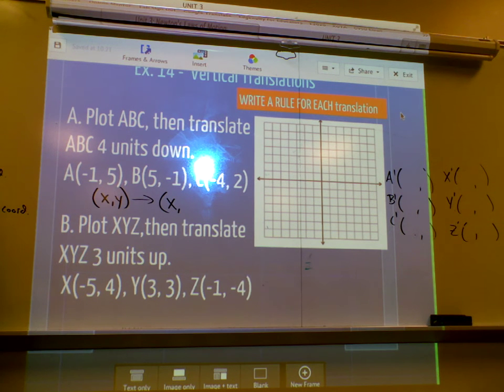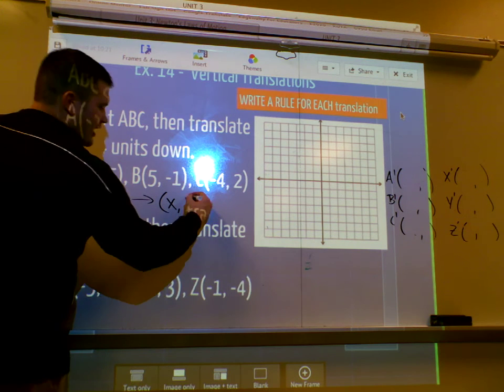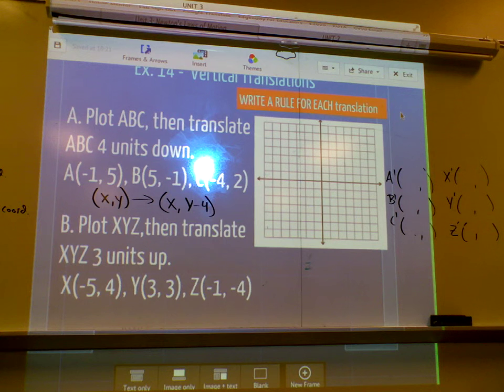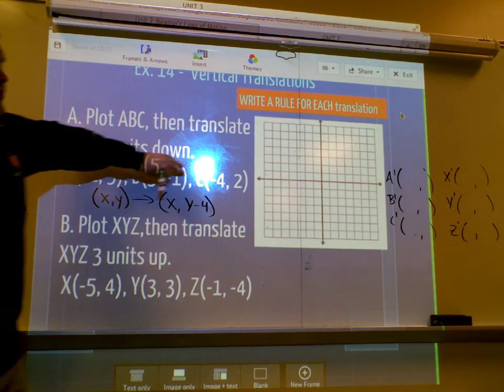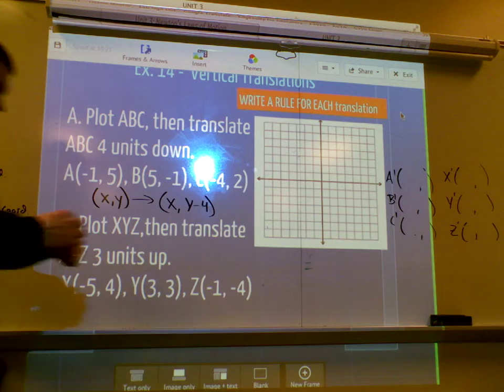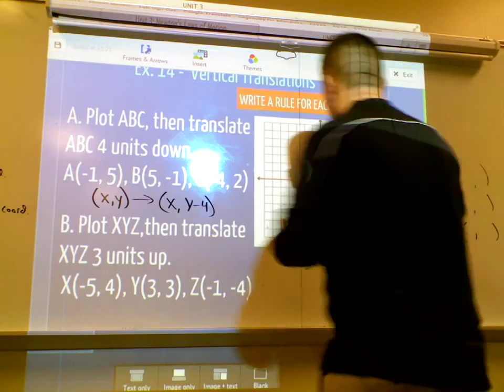Yes, what happens to Y? Subtract 4 because we're moving down. Perfect. So there's our rule. It's saying take all of our pre-image points and subtract 4 from which coordinate? The Y coordinate. So we can plot A, B, C.